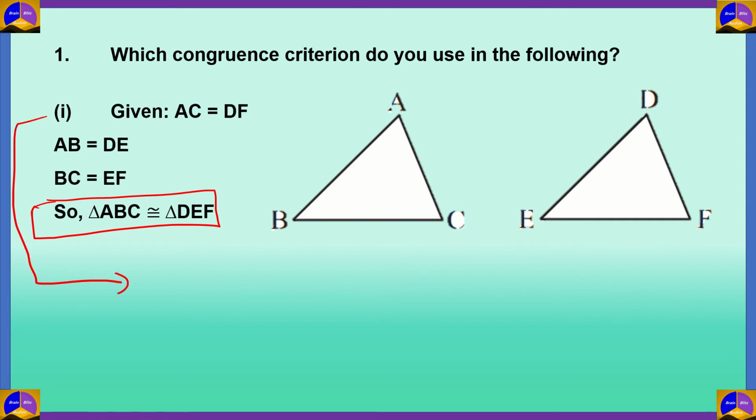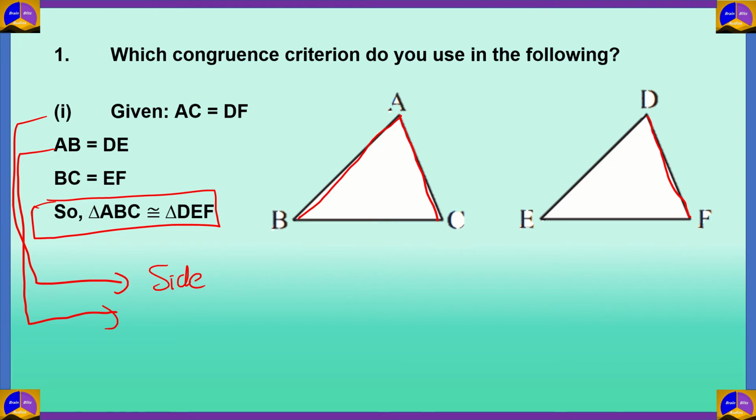Now it's given that AC is equal to DF. That's AC and that's DF. Now AC and DF are sides, so we write side over here. Next we have AB is equal to DE.